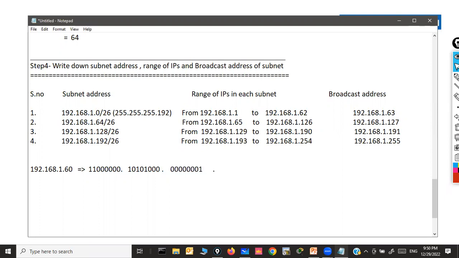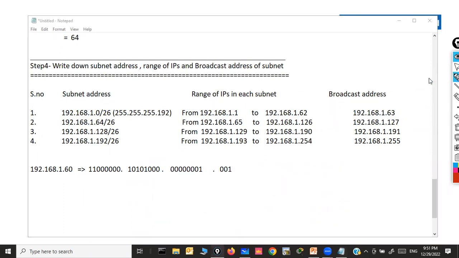And then 60. So now we understand 60 is something like this, if I start from here. The first one is 128, and the value is 60, so I cannot take 128, so it's 0.